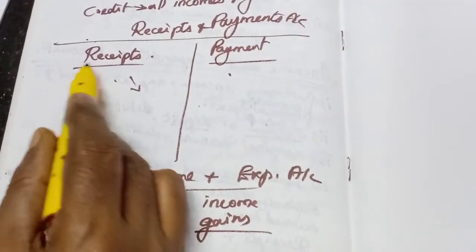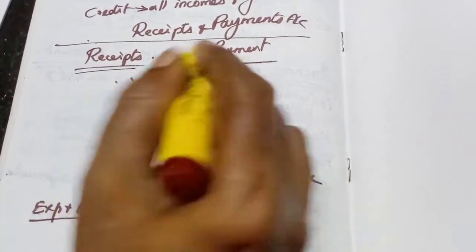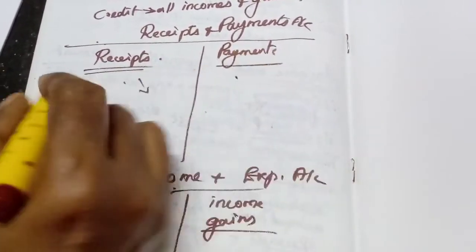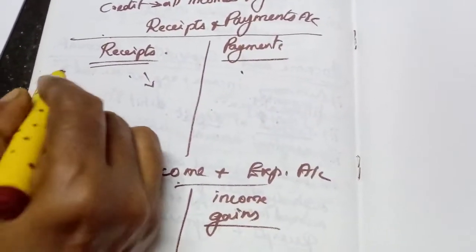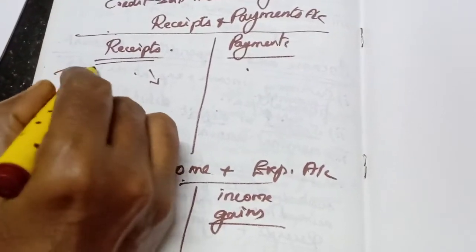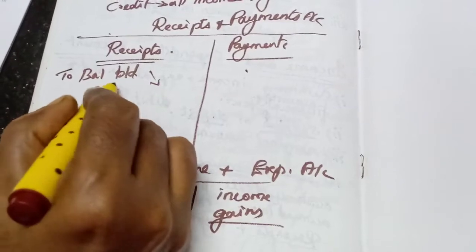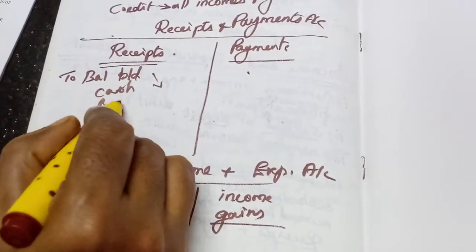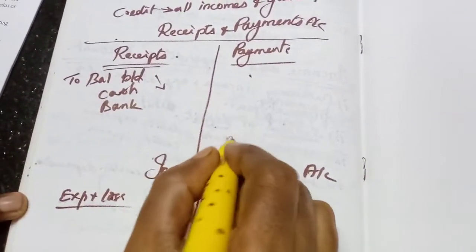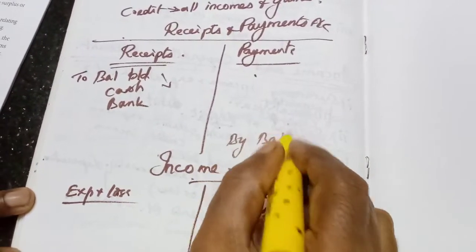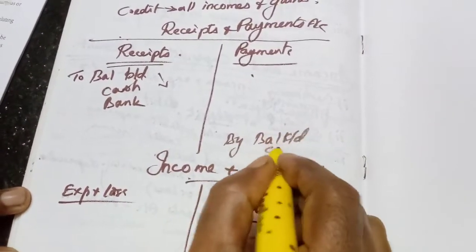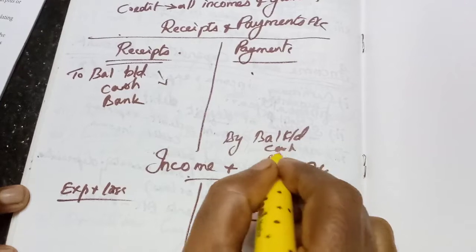The receipts will start with the cash balance, to balance brought down, cash bank, and end with by balance carried down, cash bank.